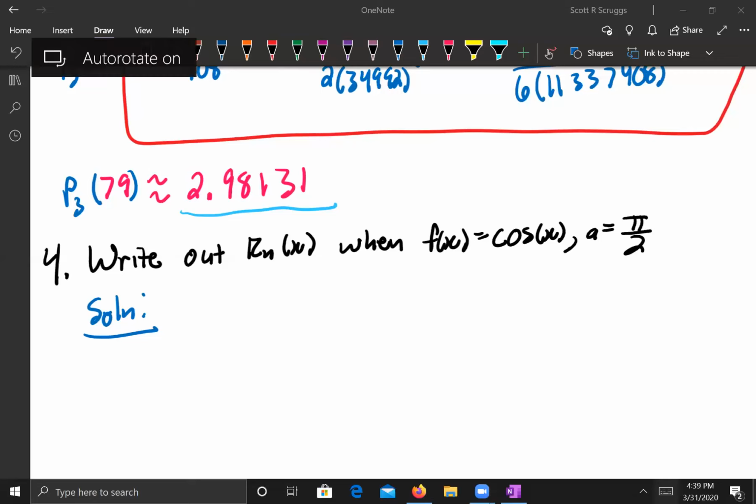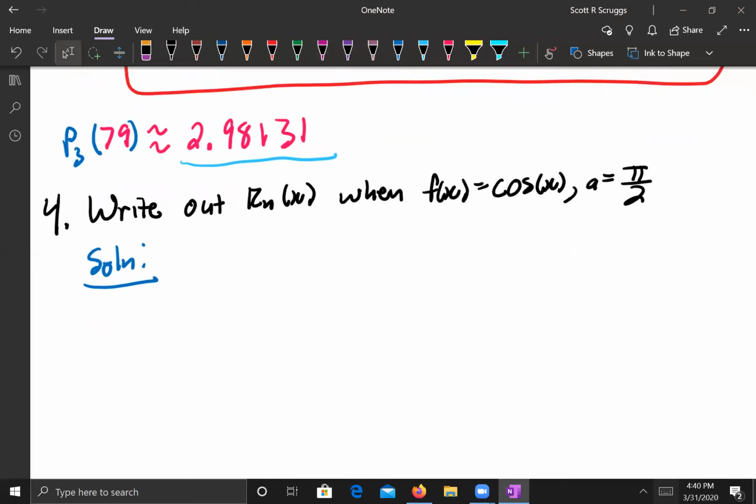All right, give me a status report, y'all. How's that problem going for y'all? Fair enough. So the goal for this problem is to use the theorem from the notes, called Taylor's theorem.